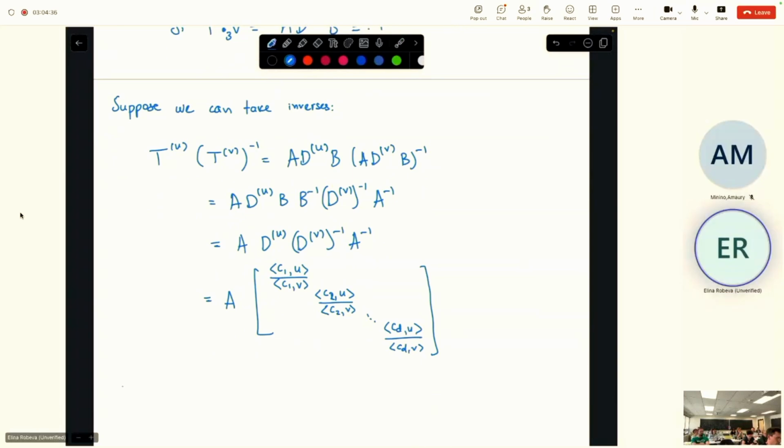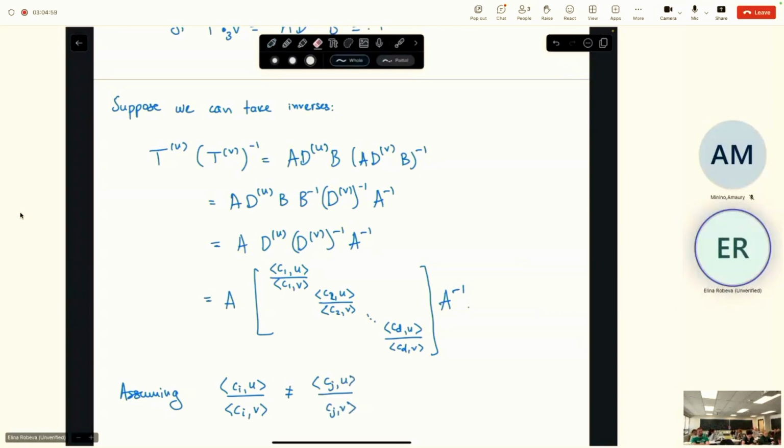So assuming that c_i·u over c_i·v is different from c_j·u over c_j·v, then this is an eigendecomposition of T_u T_v inverse.